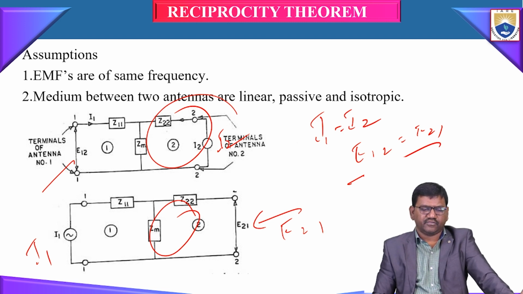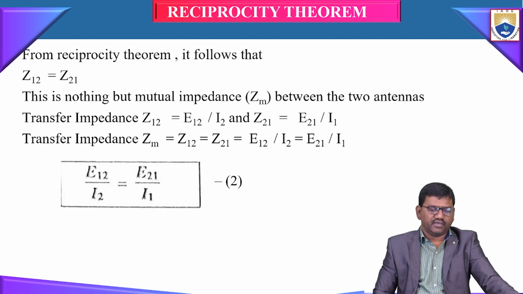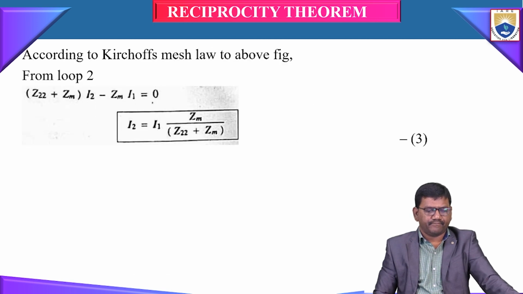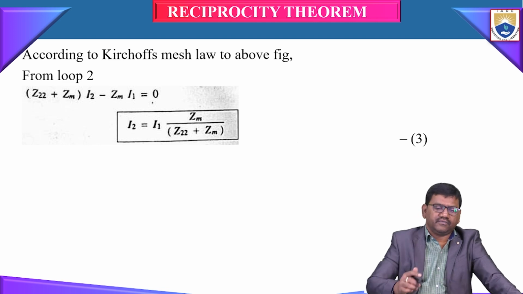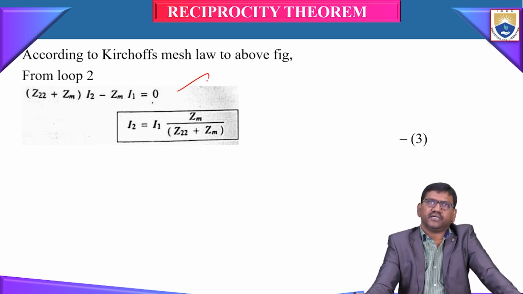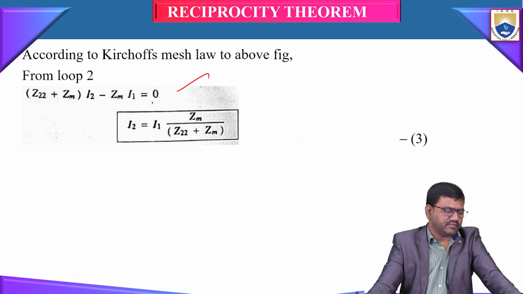So if we write the Kirchhoff's mesh law for equation 1, we'll write I2 is equal to I1 into Z22 plus Zm into I2 minus Zm into I1 is equal to 0 here.